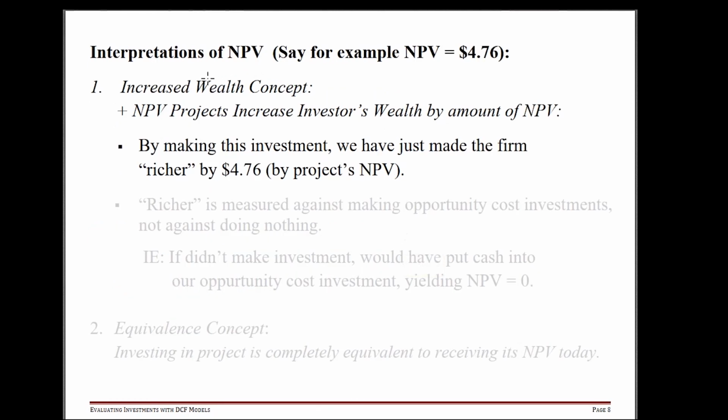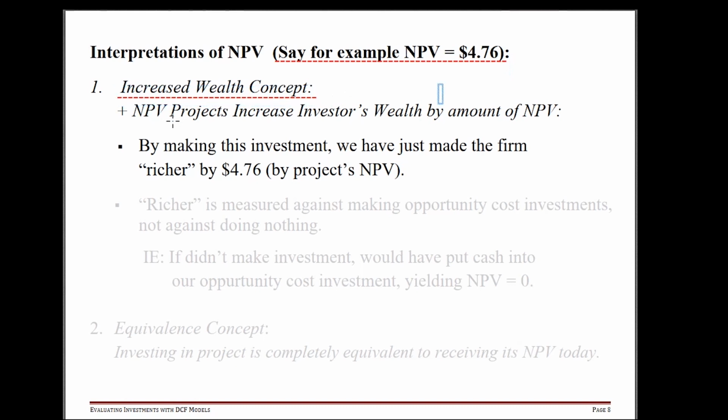Okay, so there are also two important interpretations of the net present value. We looked in the notes at an example where the net present value of a project was $4.76. So I'll continue with that here. So the first interpretation that's important, and we use this all the time, is called the increased wealth concept.